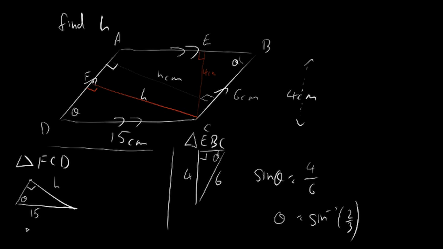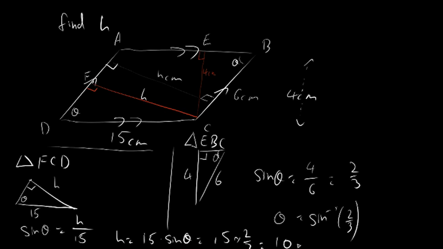So sine of theta is equal to opposite over hypotenuse, opposite over 15. So H is equal to 15 times sine of theta. However, we know that sine of theta is actually 2 over 3. So this is equal to 15 times 2 over 3, which is equal to 10 centimeters. So H is 10 centimeters.